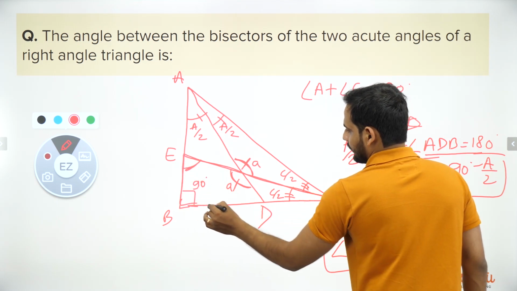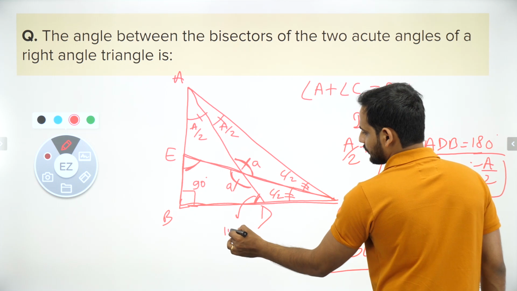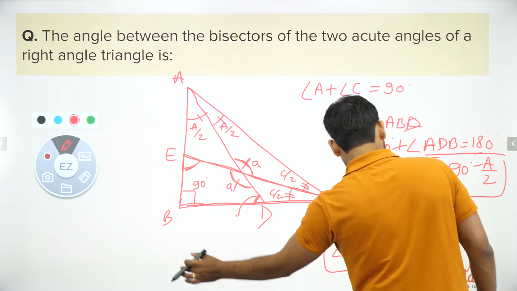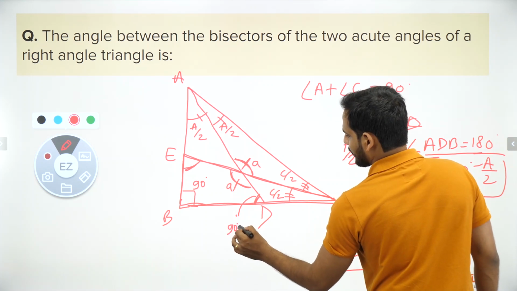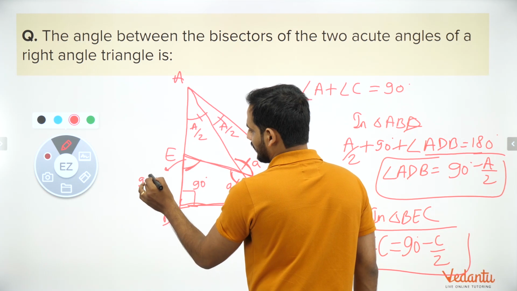Now I need to find angle A. So I got this is 90 minus A by 2, and this is 90 minus C by 2.